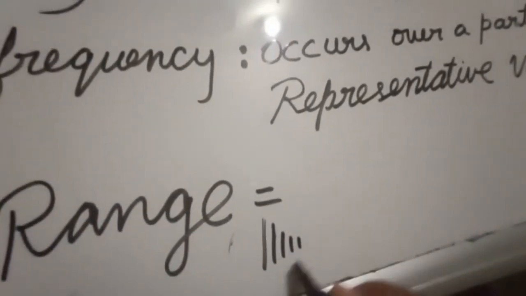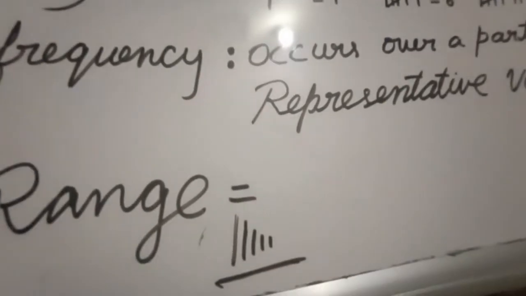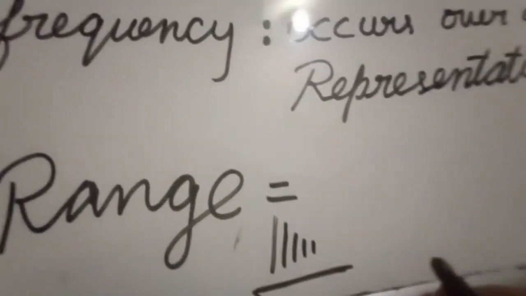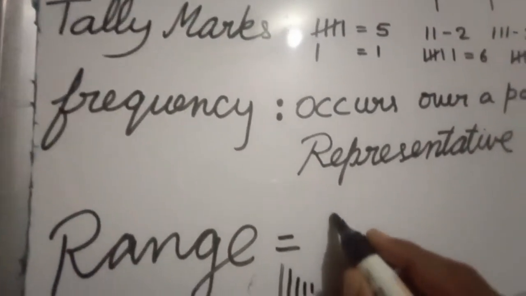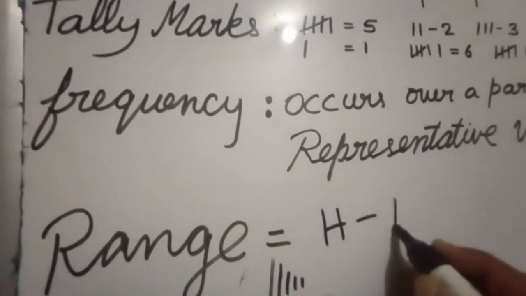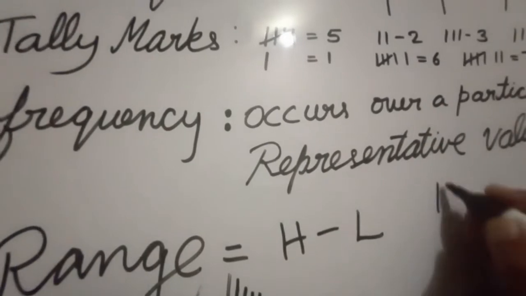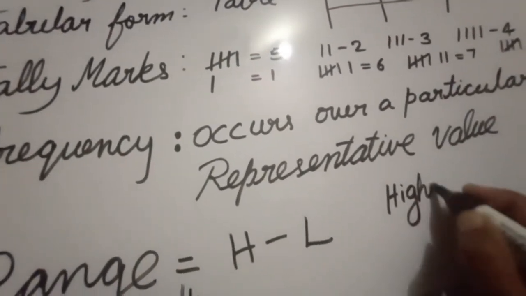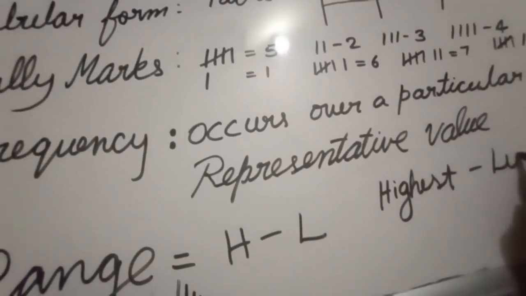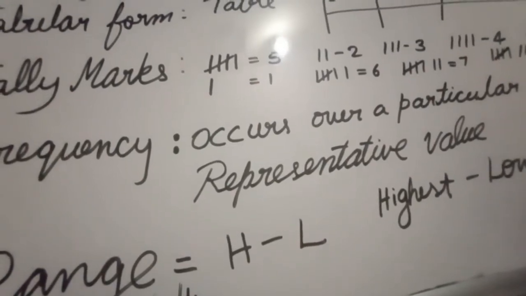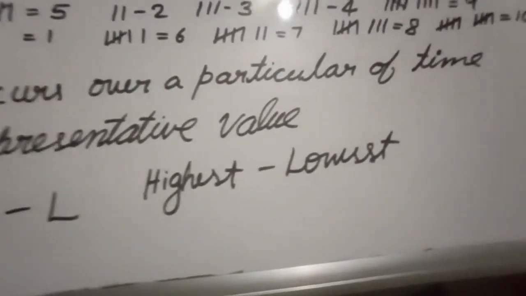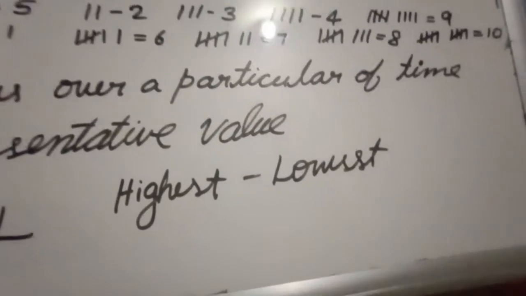You will call it a network range. So what is the range? Highest minus lowest. H minus L, in the sense, highest minus lowest is equal to range.